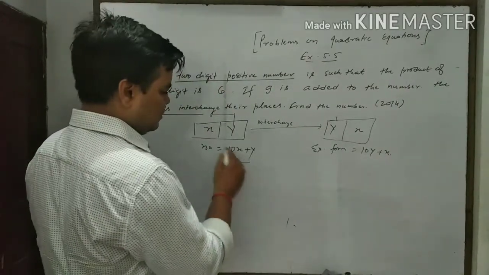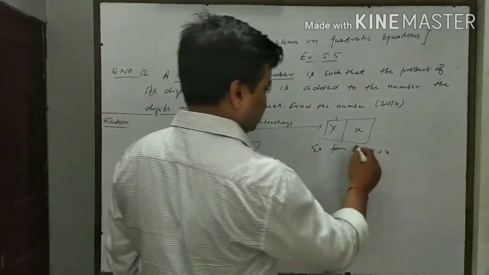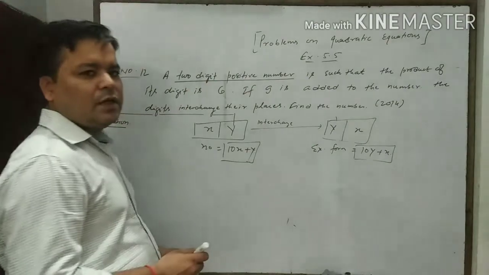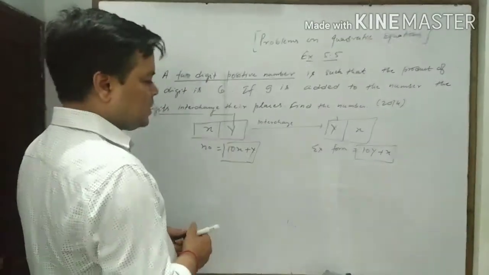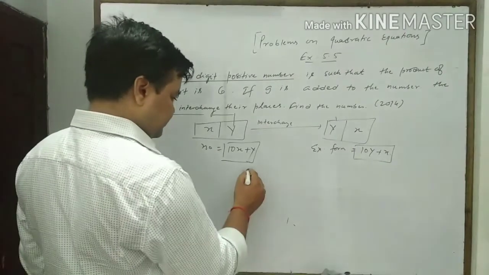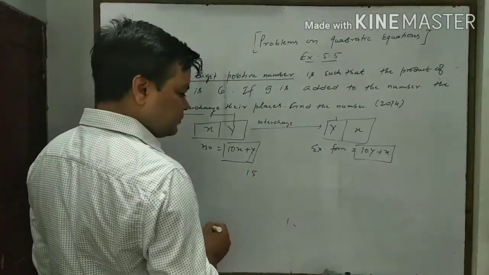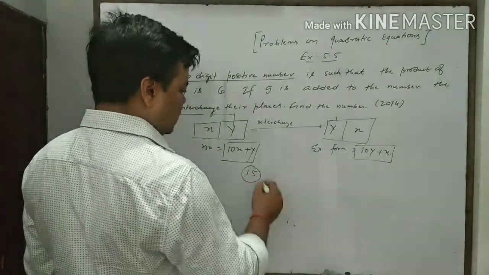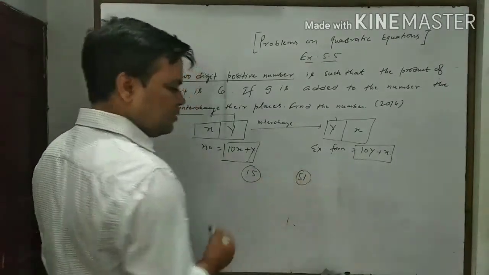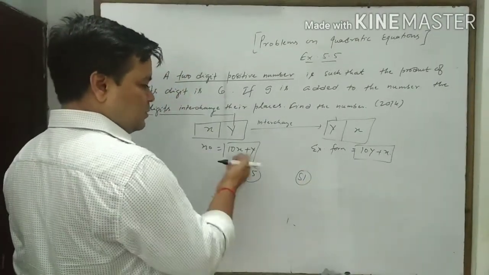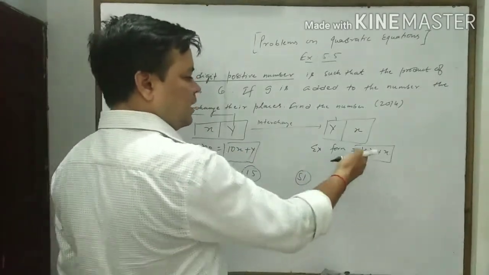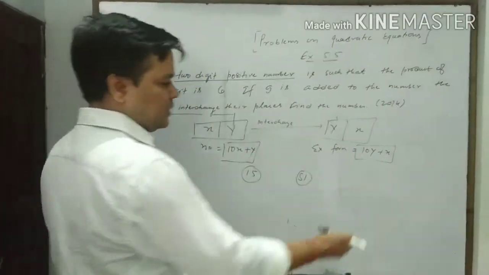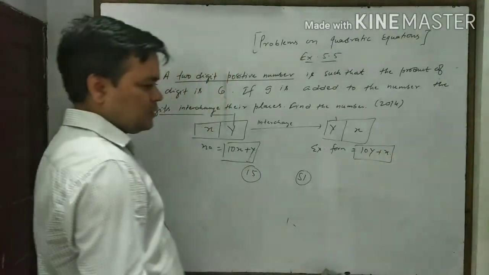Now we have the difference between 10x plus y and 10y plus x. Just like here, 15 is one number and the other number will be 51. Similarly, one number will be 10x plus y, and the number after interchanging their places will be 10y plus x.